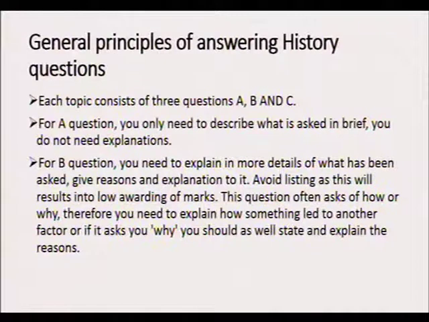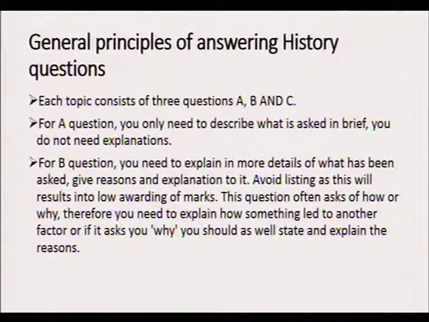Now, welcome to the general principles of answering history questions. Each topic consists of 3 questions, A, B, and C. For A questions, you only need to describe what is asked.